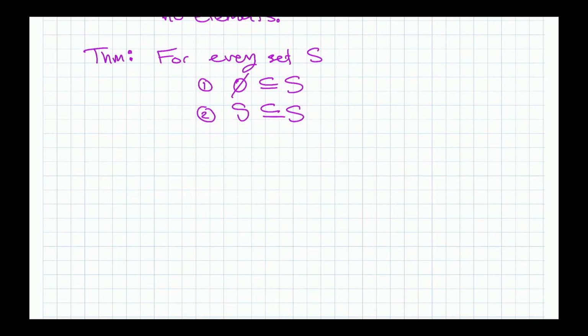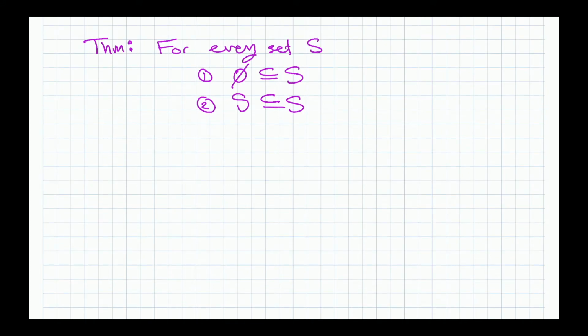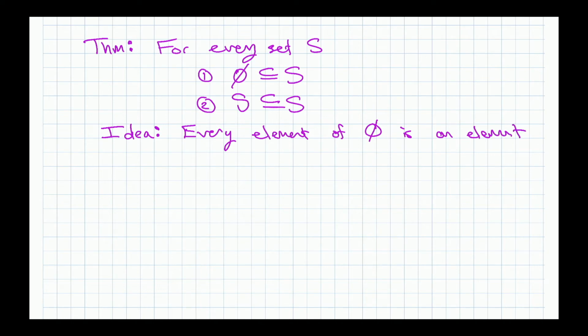Okay, and I'm not really going to prove these, but the idea of the proof is something like this for these properties. First of all, for the first one, every element of the empty set is an element of S, right?